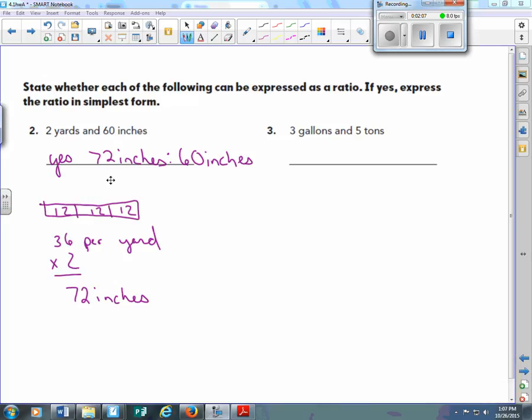So we would divide both 72 and 60 by 12. And that gives us a 6 to 5 ratio. Number 3 cannot be done because we are going from gallons to tons. So we would write no.